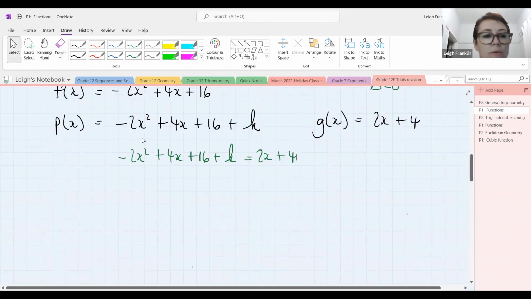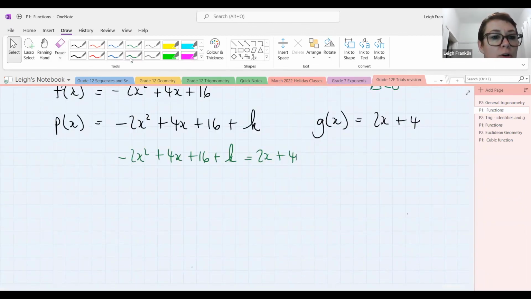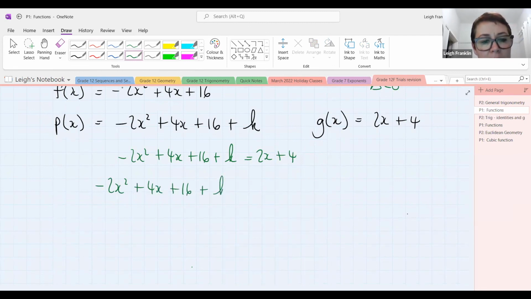Now we've got to move everything over to one side. We've got to get it into the form ax squared plus bx plus c equals 0. So it's going to become minus 2x squared plus 4x plus 16 plus k minus 2x minus 4 equals 0.